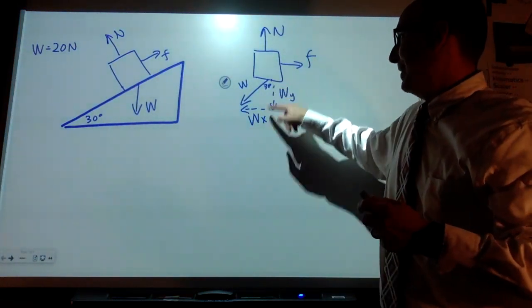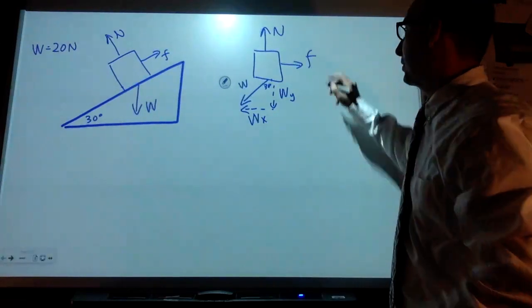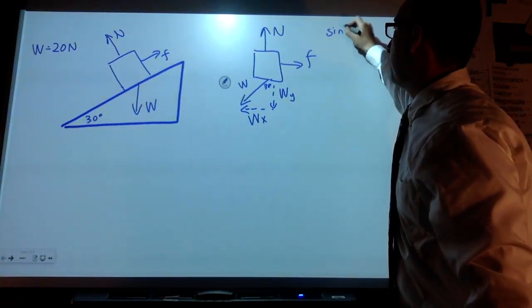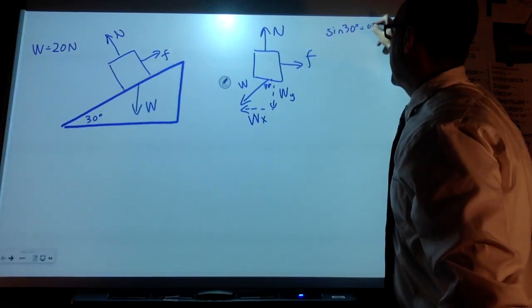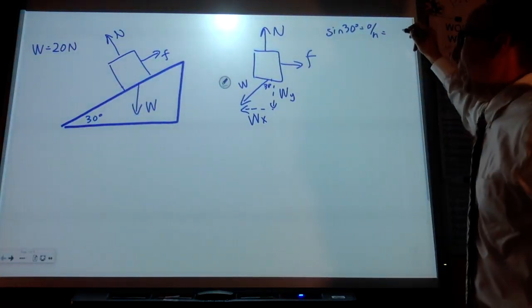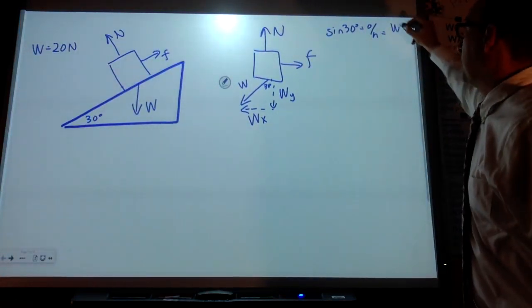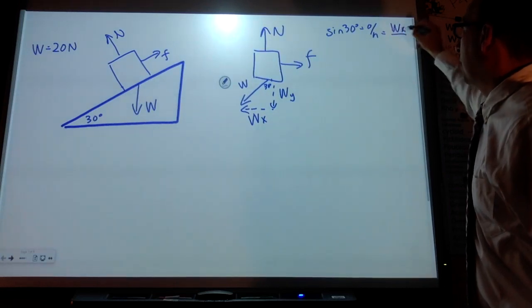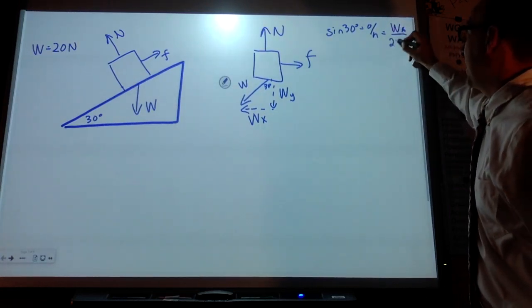So our opposite side is going to be Wx. So I'm going to say that the sine of 30 degrees equals opposite over hypotenuse. So this is going to be Wx over W. I know what W is. It is 20.